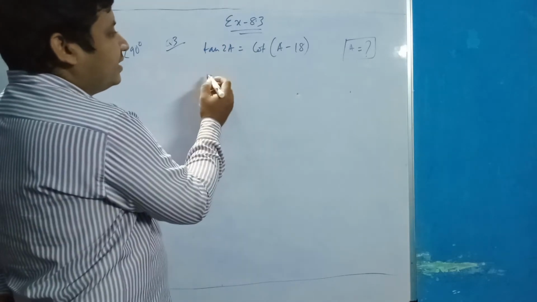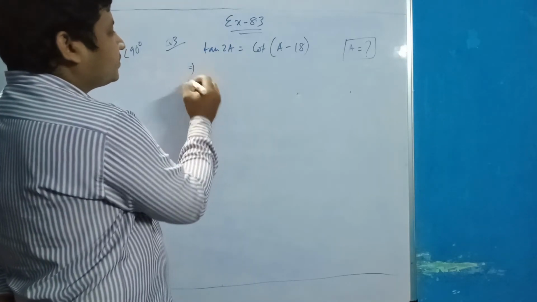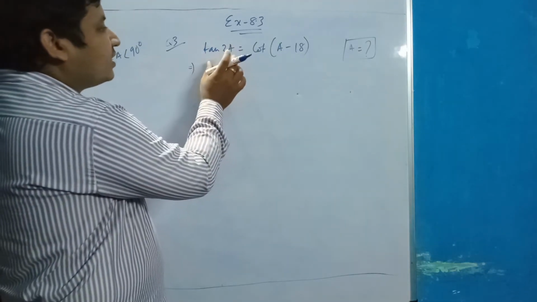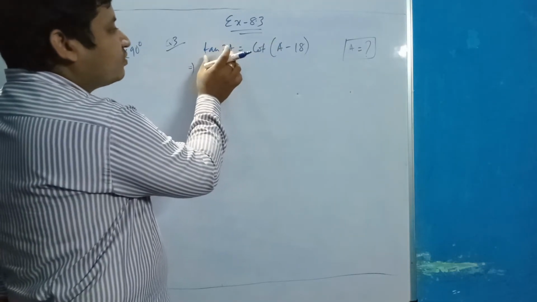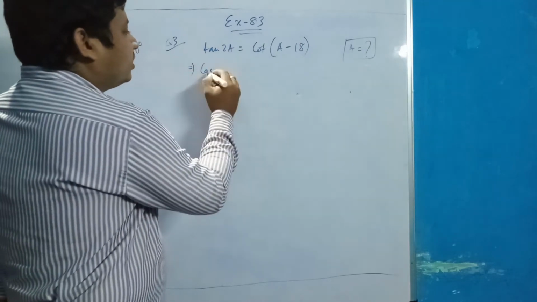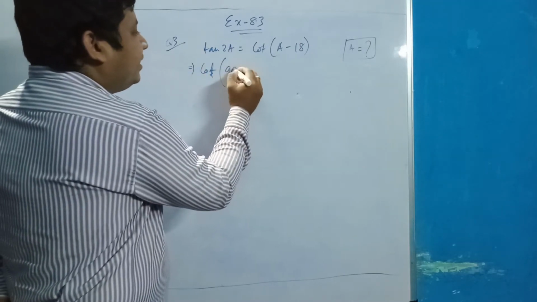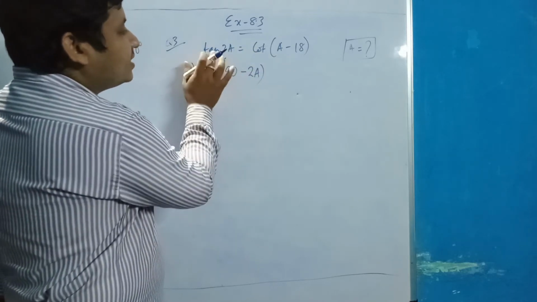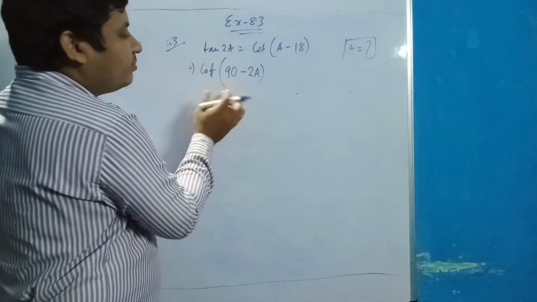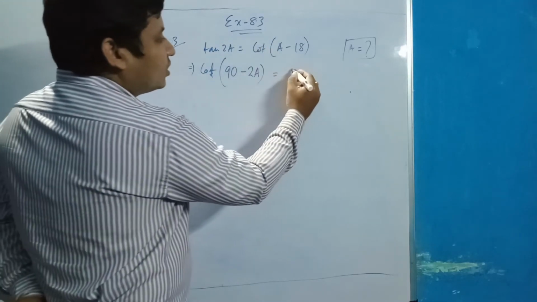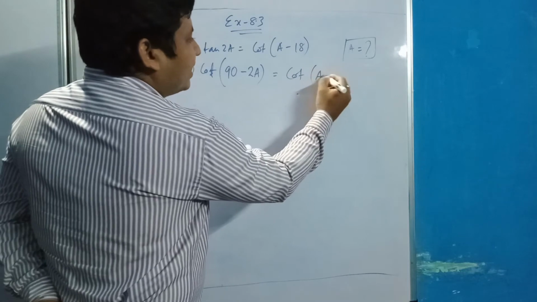Suppose I want to convert this into cot. Tan 2A can be written as cot(90 minus 2A). On this side it is cot(A minus 18). So the angles must be the same: 90 minus 2A equals A minus 18.